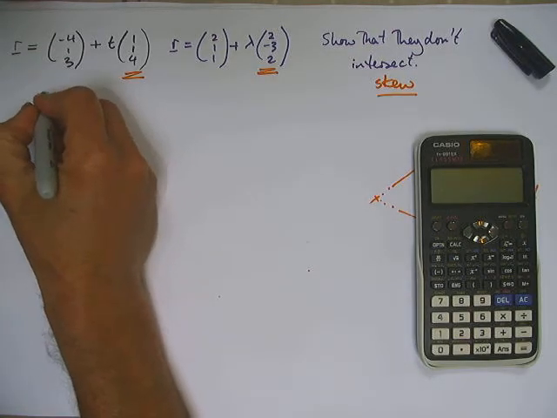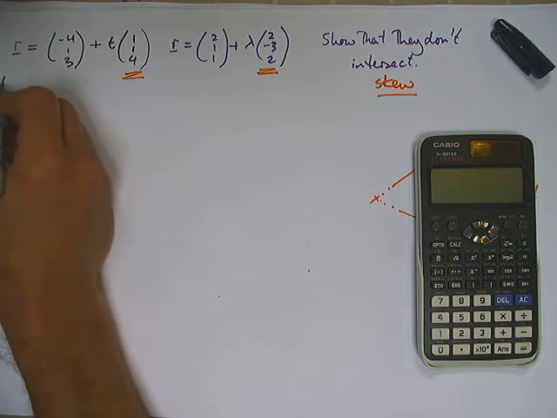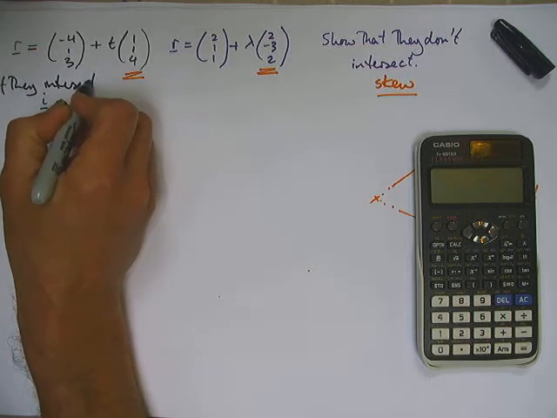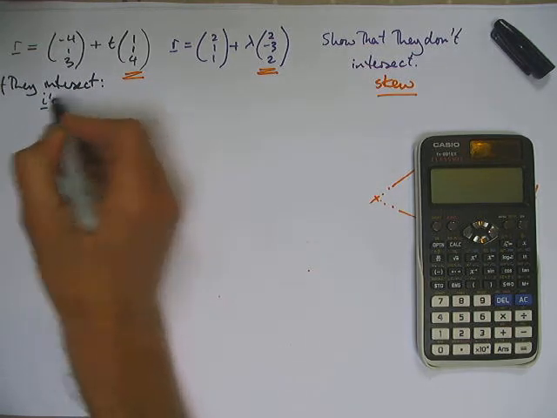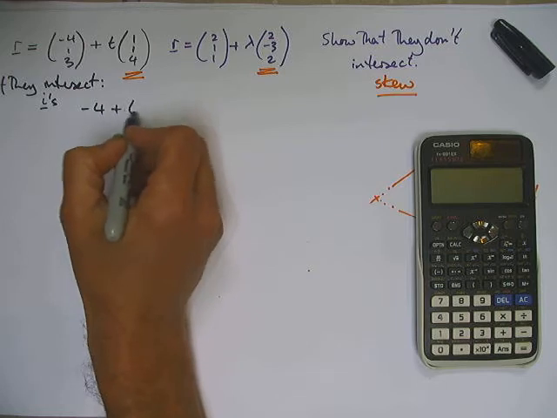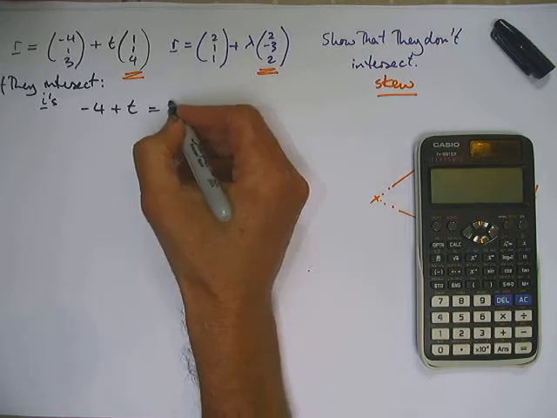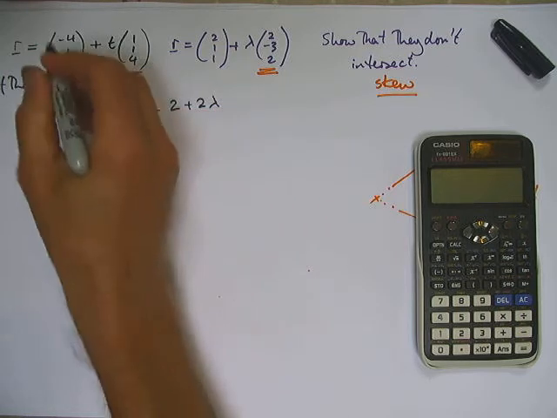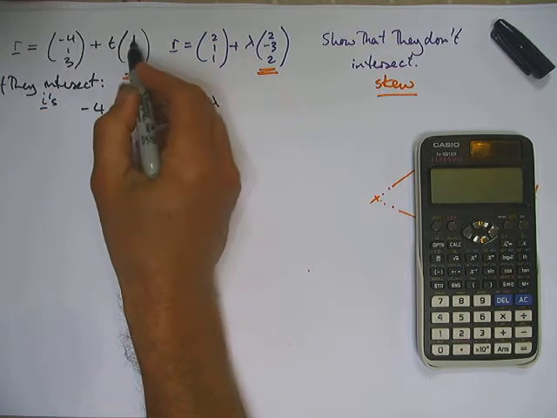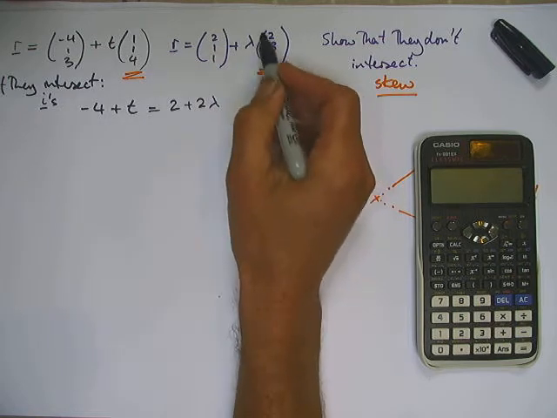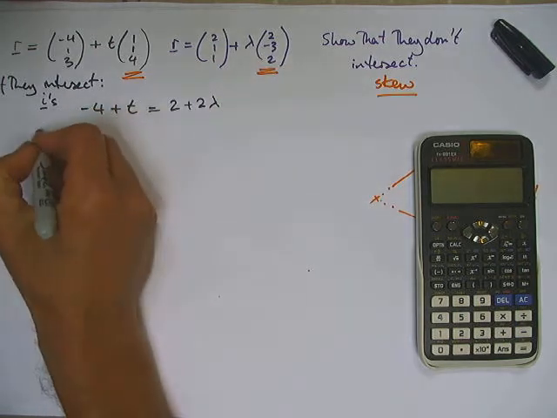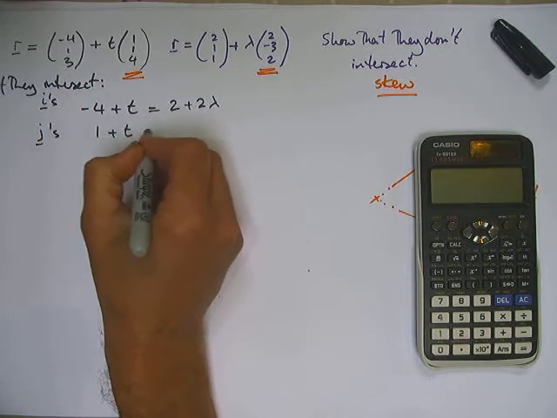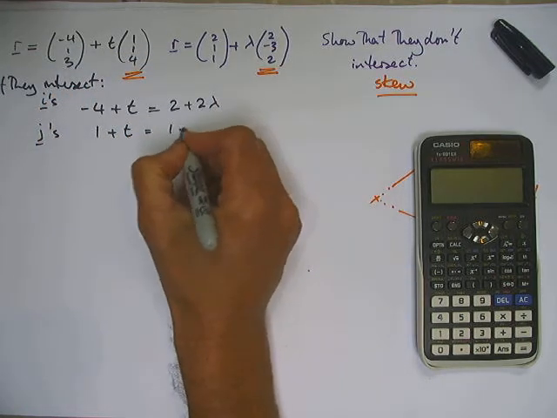If they intersect, the i's would give minus 4 plus t equals 2 and 2 lambda. Now I better check I've actually written the right question down this time, shouldn't I? Minus 4, 1, 3, 1, 1, 4, 2, 1, 1, 2, minus 3, 2. Right. The j's: 1 and t is 1 take 3 lambda.